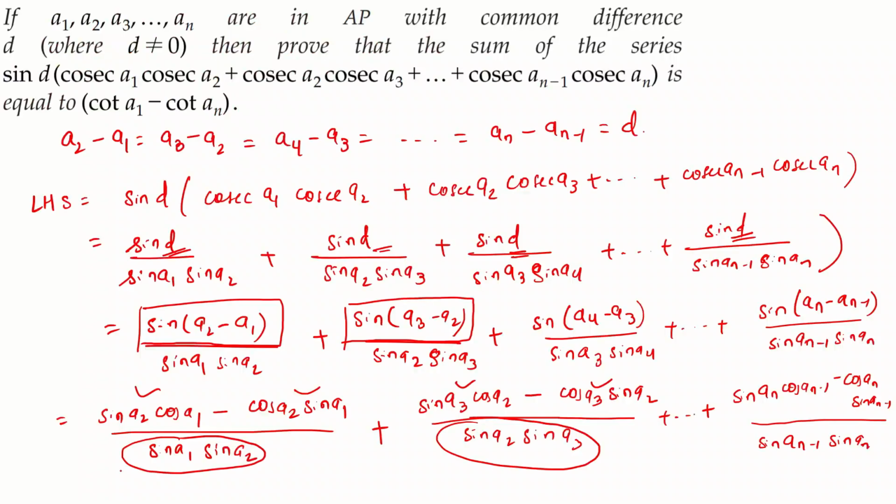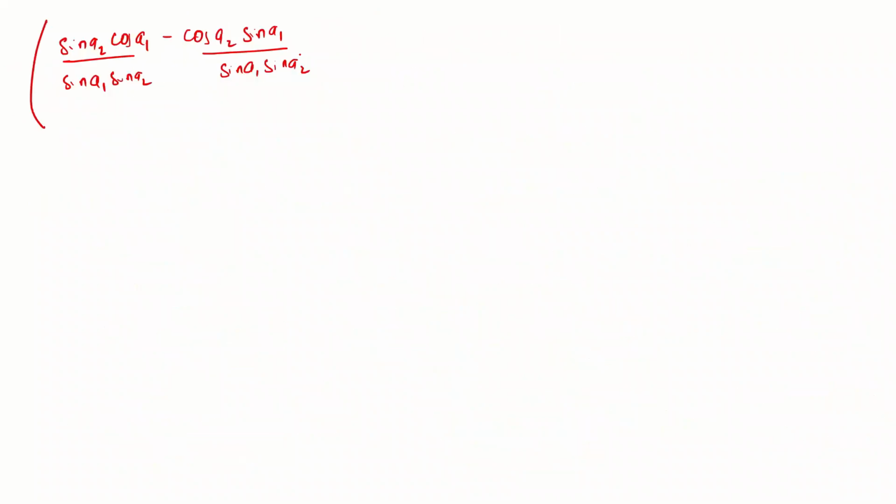Sine a2 cos a1 divided by sine a1 sine a2, minus cos a2 sine a1 divided by sine a1 sine a2. So what we have done, we have simply divided each of these two terms by sine a1 sine a2. So let's keep this thing inside bracket.